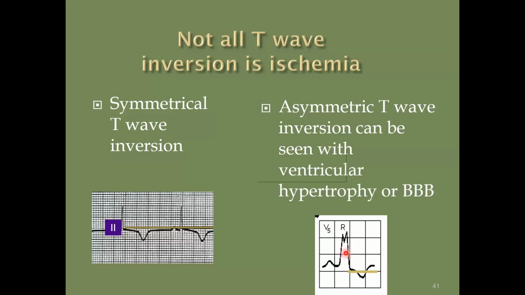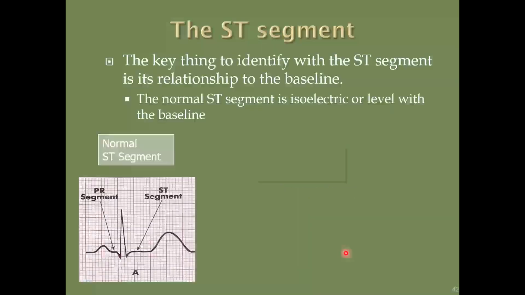So it's not uncommon to see that in somebody that has a bundle branch block or has a pacemaker. Because remember, I said the pacemaking wire is generally in the right ventricle. So if I have abnormal depolarization, I'm going to have abnormal repolarization, and oftentimes I have an asymmetrical T wave inversion. That is not indicative of ischemia.